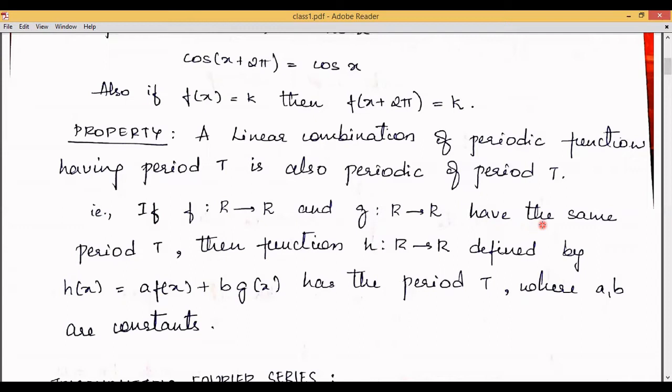There are two periodic functions f and g of the same period T. Then the function h, which is the linear combination of the two periodic functions f and g, is also a periodic function of the same period T, where a and b are constants.